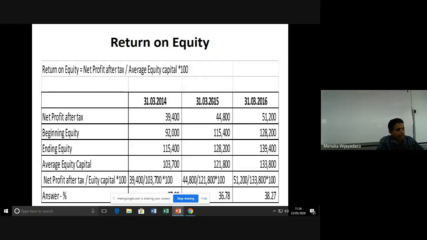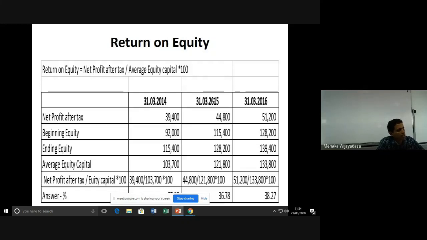Similarly, in 2016, the beginning equity will be the ending equity of 2015, that is 128,200. The ending equity of 2016 is 139,400, which can be extracted from the balance sheet. Then you can calculate the average figures for 2014, 2015 and 2016, which are 103,700, 121,800 and 133,800.